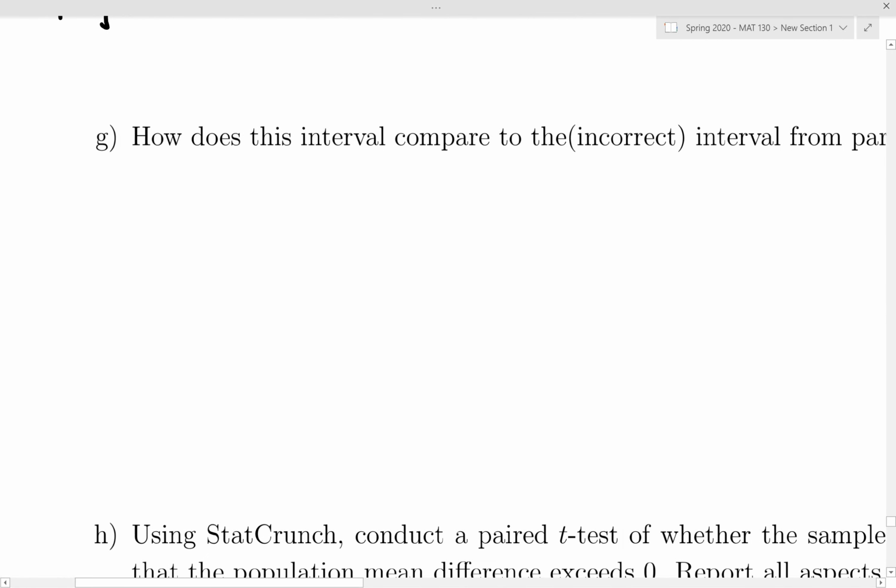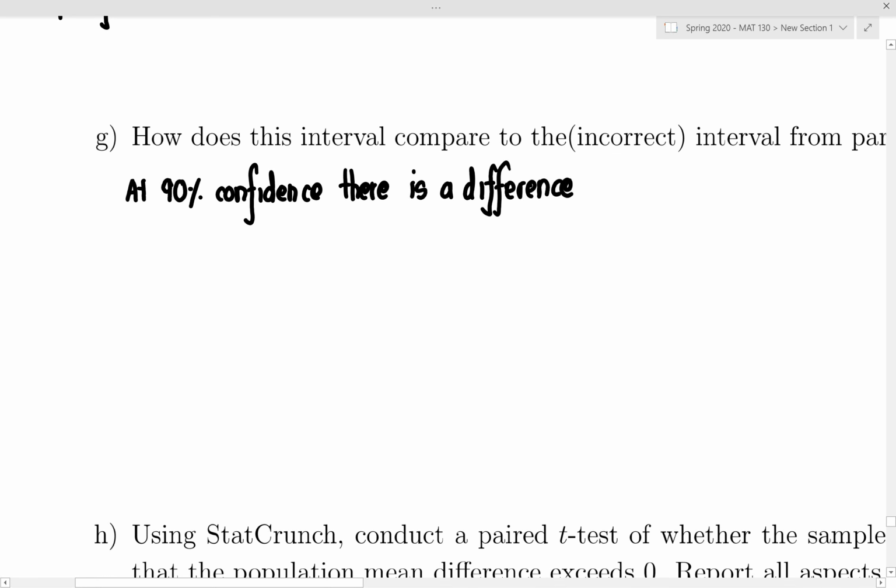All right. So remember, the interval does not contain 0 and is entirely positive. Right? So what that means is at 90% confidence, there is a difference in population mean ages of husband and wife.